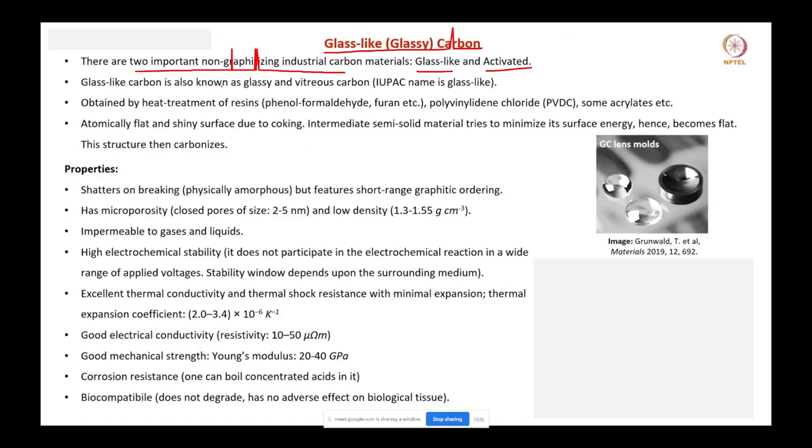So here again the term non-graphitizing came. Does anybody remember what it means, non-graphitizing and graphitizing? Can anybody say something on it?